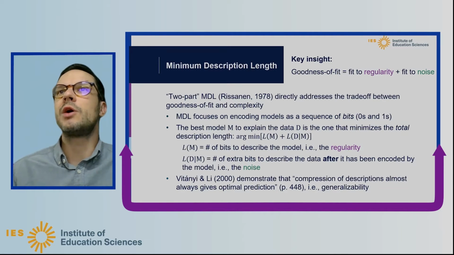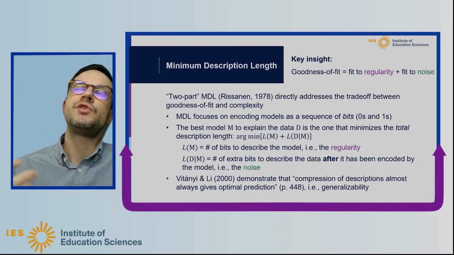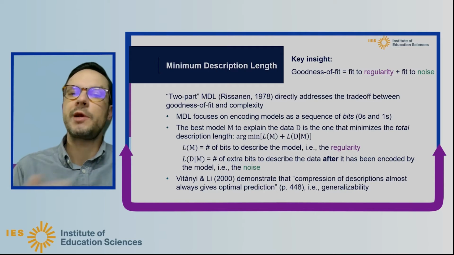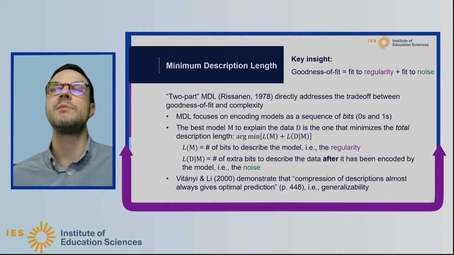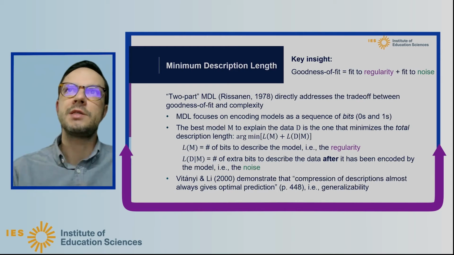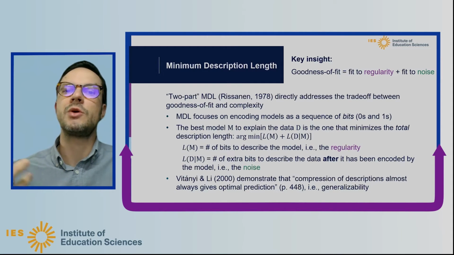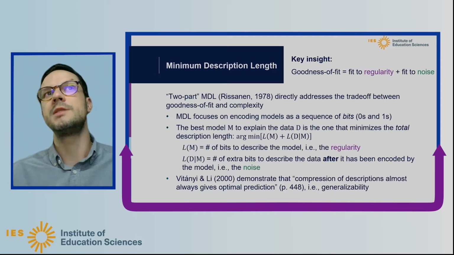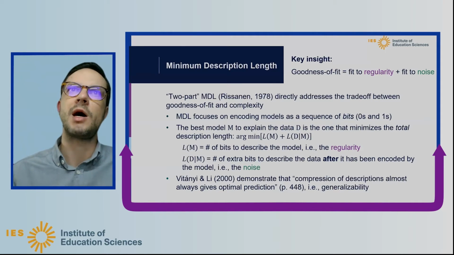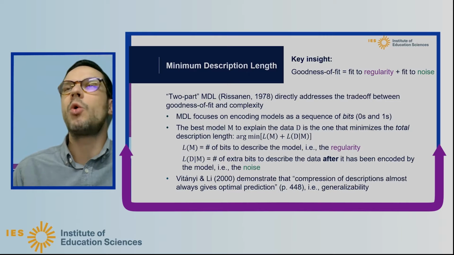And so if one of our goals in modeling is to have generalizable models where other researchers can use our same models and fit them to their own data, this minimum description length principle is going to allow us to detect the models, or to select the models, I guess I should say, that are more generalizable.